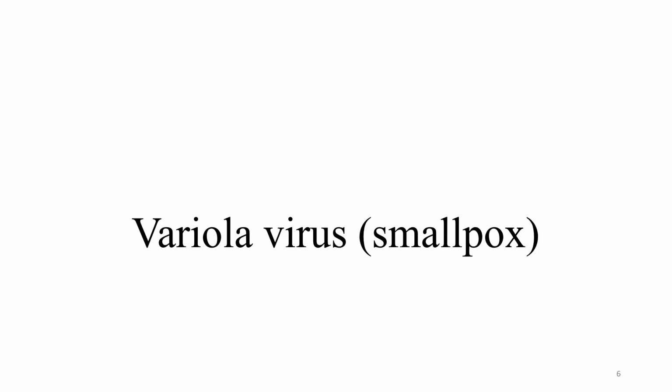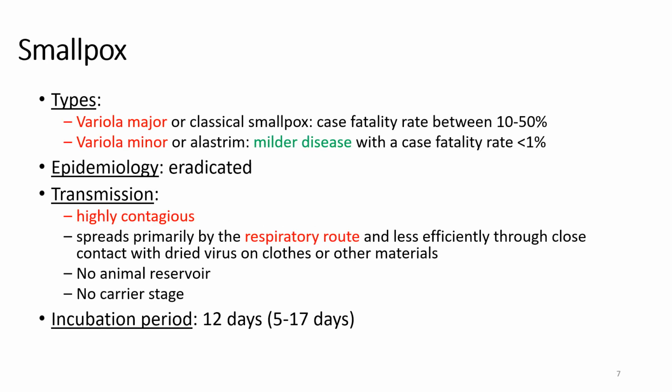Next, we'll talk about the variola virus or the smallpox. Now, this is an eradicated virus, as we'll learn later, but it's very important to learn about it because there are so many lessons that we can learn from. Smallpox. So there are two types of smallpox. We have the variola major or the classical smallpox with a very high case fatality rate.